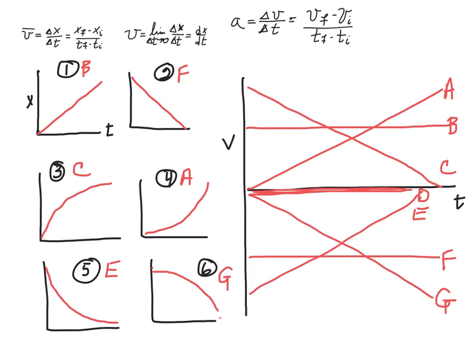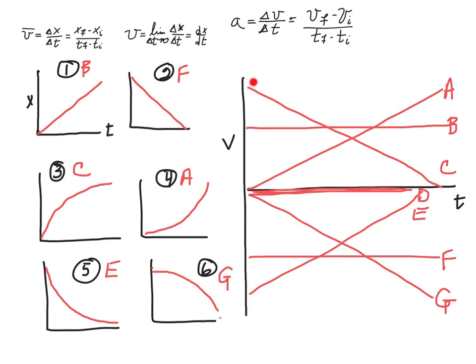So 4 aligns with A. B is a constant positive velocity. On the position time graph, a constant positive velocity would be a straight line with a positive slope. F is a constant negative velocity. That would be a straight line with a negative slope.